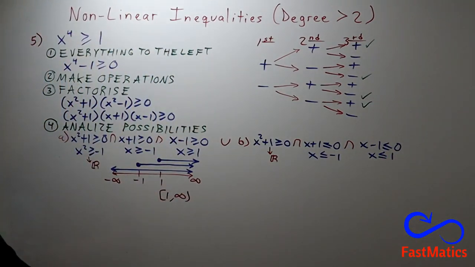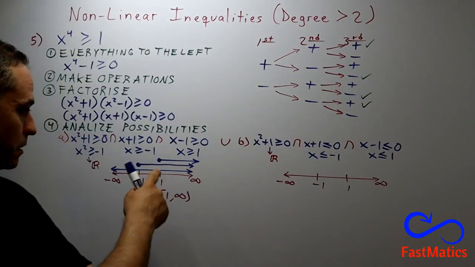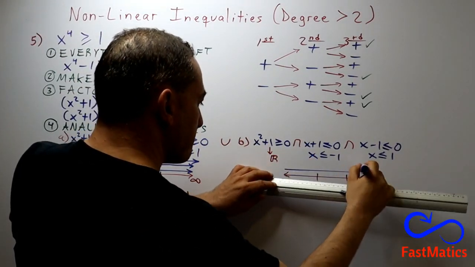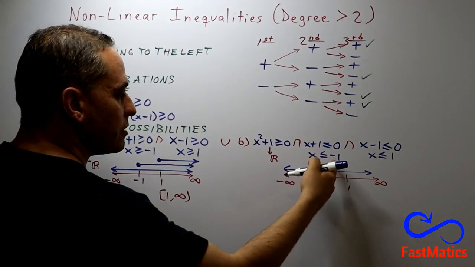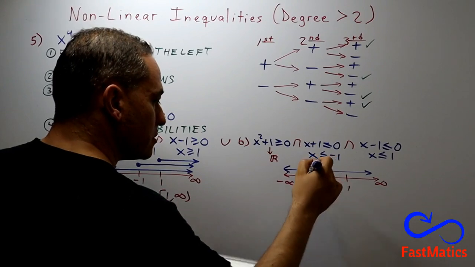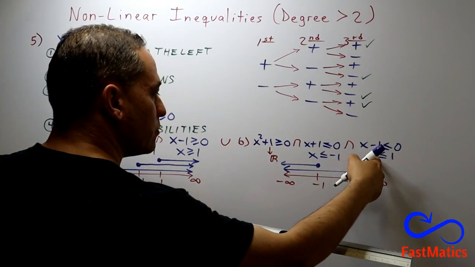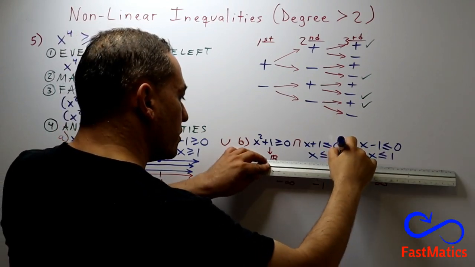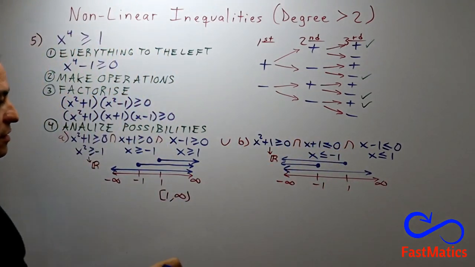If we do that on the number line, we're going to get an arrow for all the numbers, and after that numbers less than or equal to negative 1, so from negative 1 to the left, and after that numbers less than or equal to 1, an arrow to the left with a dot because I have less than or equal to.